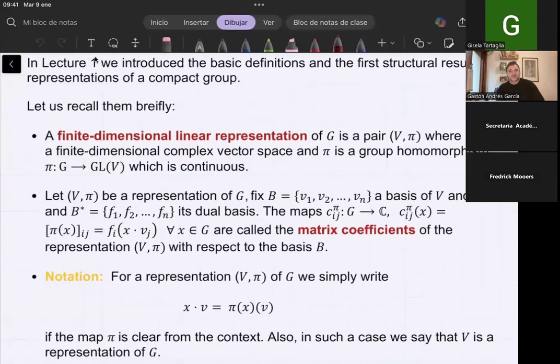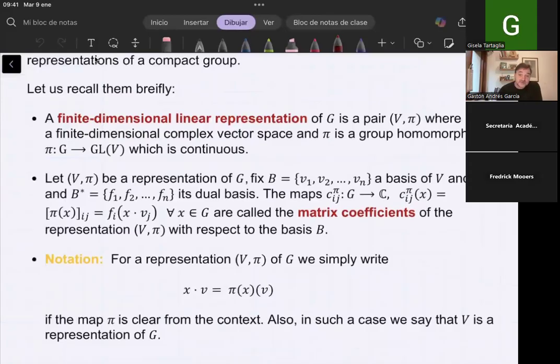So the most important definition is what the course is about. A finite dimensional linear representation of a compact group is a pair (V, pi), where V is a finite dimensional complex vector space, and pi is a group homomorphism from the group to the invertible linear maps of V such that it is continuous.